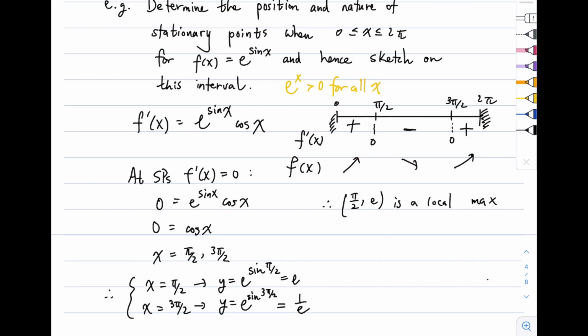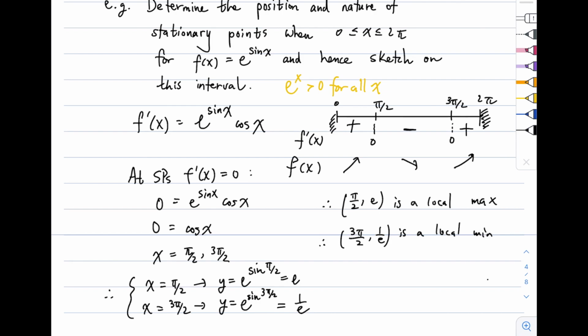And so it's got to be a local max. And then if we look at the next coordinate, 3 pi over 2 comma 1 over e, we know that that is a local min. Okay, and the reason is, again, because at 3 pi over 2, the function is decreasing to the left, increasing to the right. Okay, and that's it. So we've found and we've classified the stationary points.